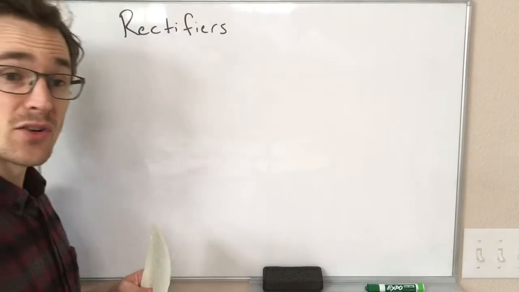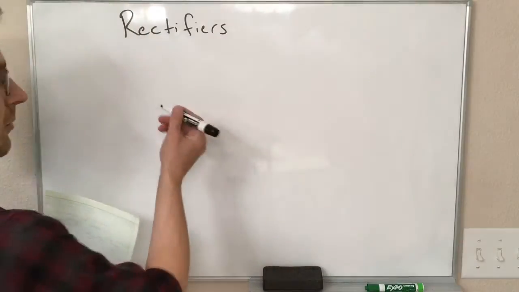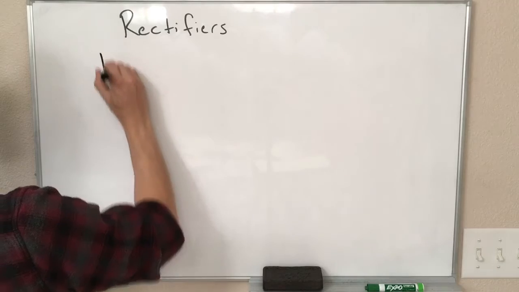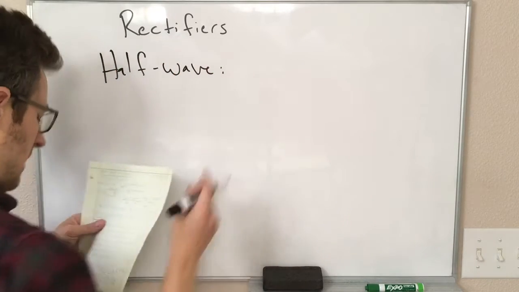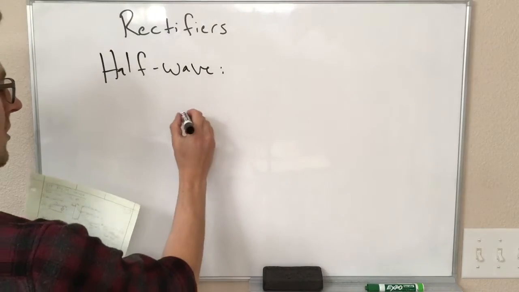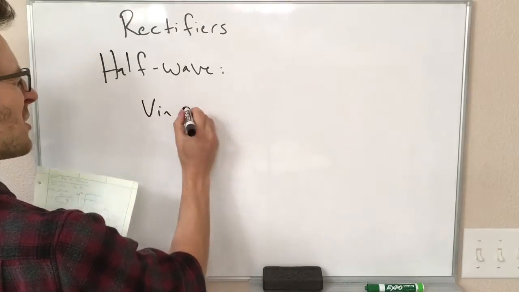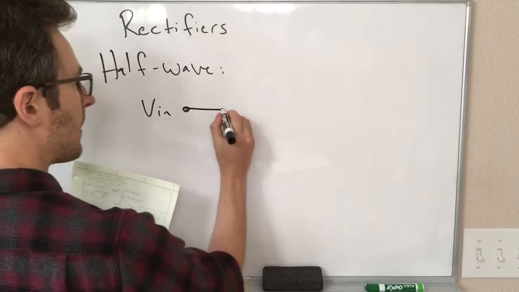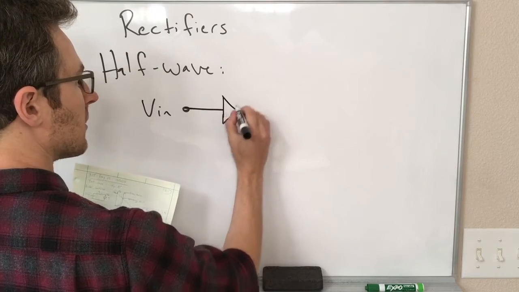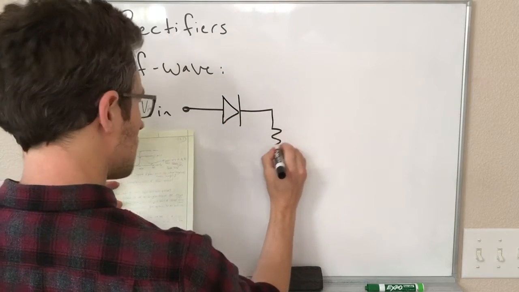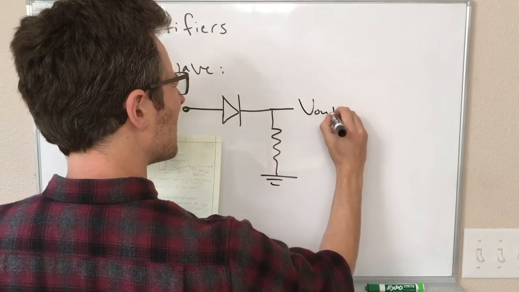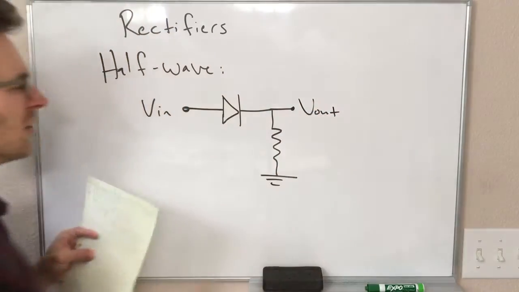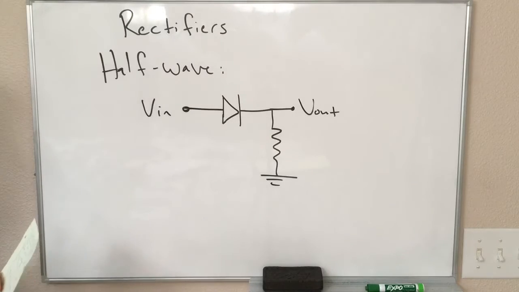There are two popular rectifier circuits. The first that we'll talk about is the half-wave rectifier, and that's going to look like this. Let's say we have some input voltage that goes into a circuit that looks like this, and we have an output voltage over here.